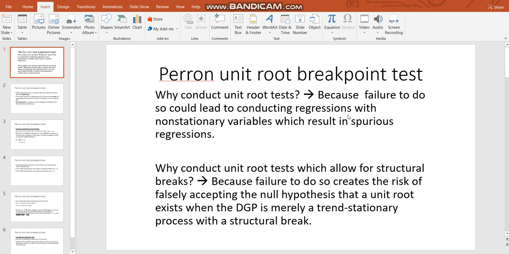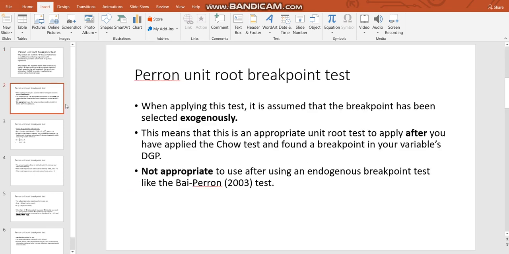So a unit root test that allows for structural breaks will increase the likelihood of having a p-value that's below 0.05, and therefore we'll be able to reject the null hypothesis when your DGP is merely a trend stationary process with a structural break.